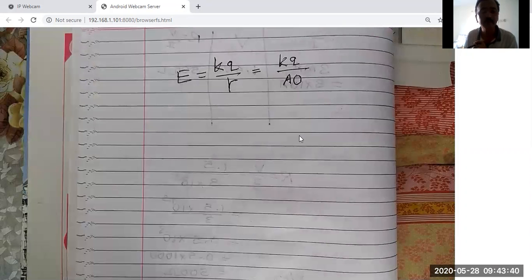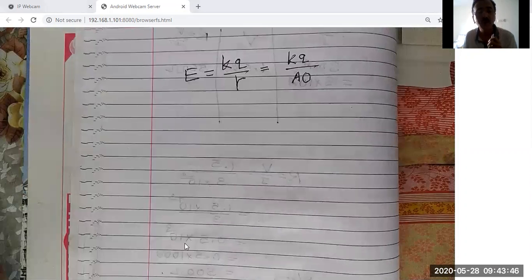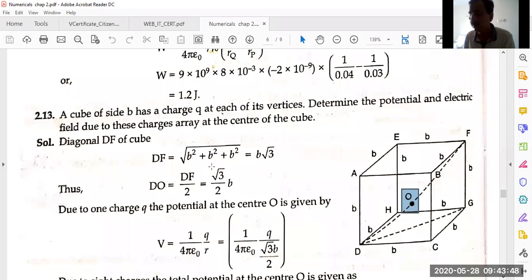How will we find AO? Look at the diagram. We'll find the distance from D to F, and half of it is O to D, or O to C, or O to G, or O to H, or O to A. The next task is how to find the D to F distance.